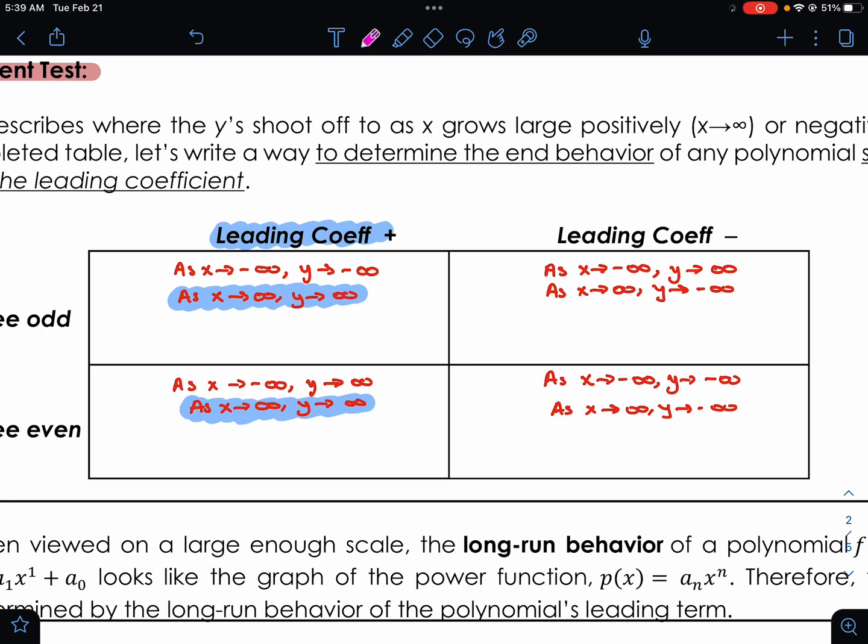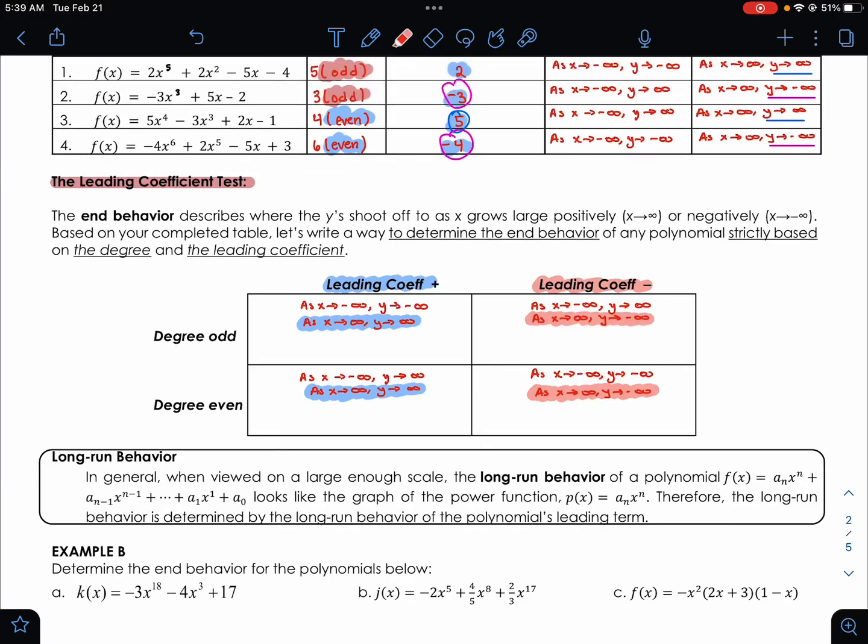So the first thing you notice here is that you have this relationship between the sign of the leading coefficient and the right end behavior. When your leading coefficient is negative, you'll notice that the right end behavior is negative infinity. Same thing here. As x approaches positive infinity, y approaches negative infinity. So the leading coefficient is telling you what your right end behavior is.